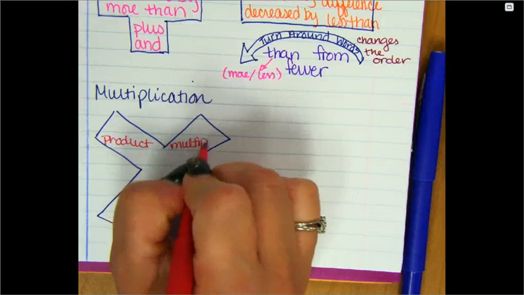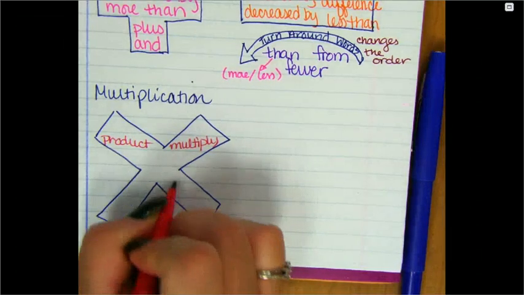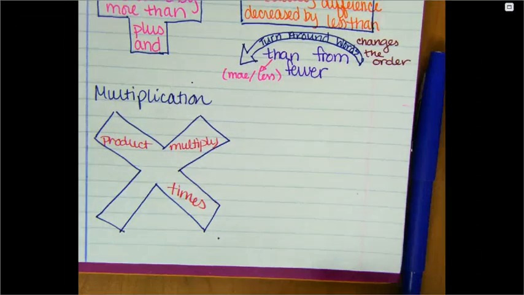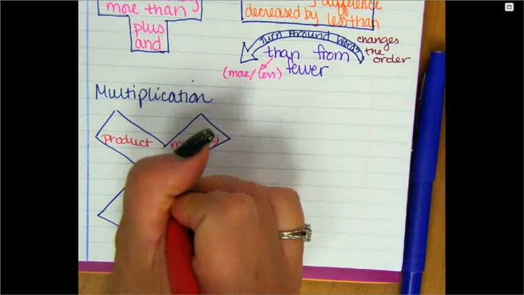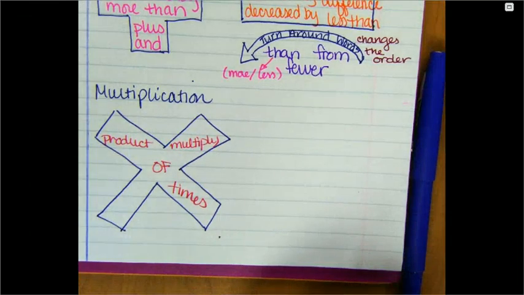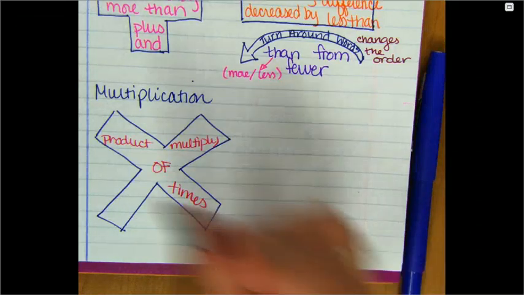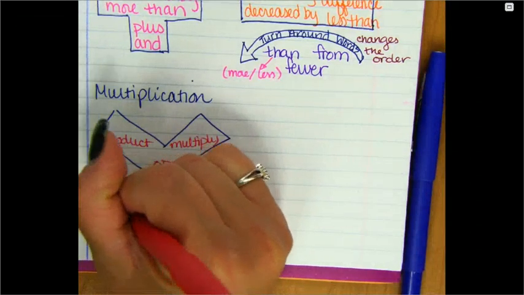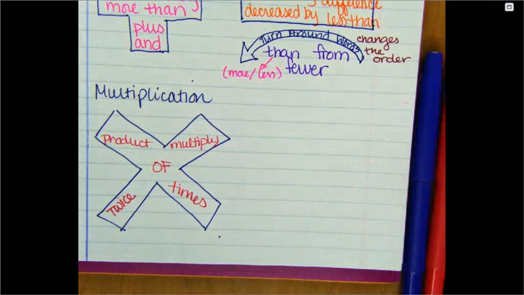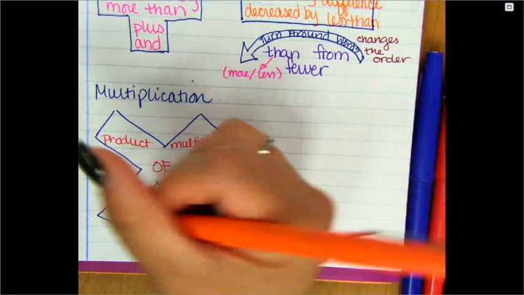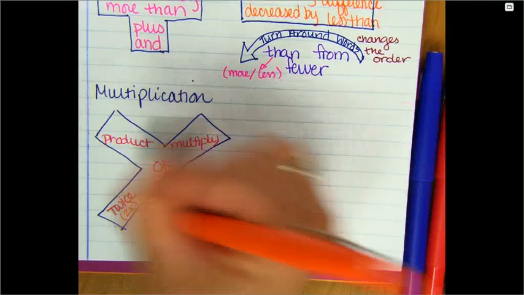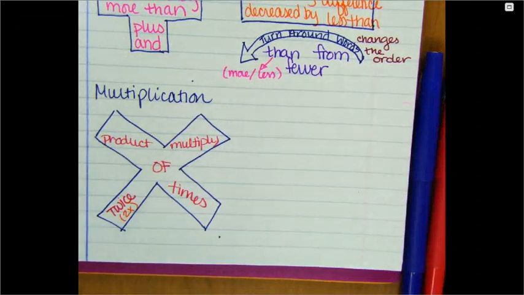Times. Of. Need to read the way it reads. Need to make sure we're reading it correctly. Twice. What does twice mean? Times 2. It doesn't mean squared.